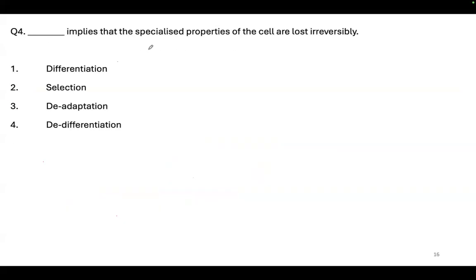All right. The question says the specialized properties of the cell are lost irreversibly. You can still hear me, right? There's no response now. It's okay if your answer is wrong.